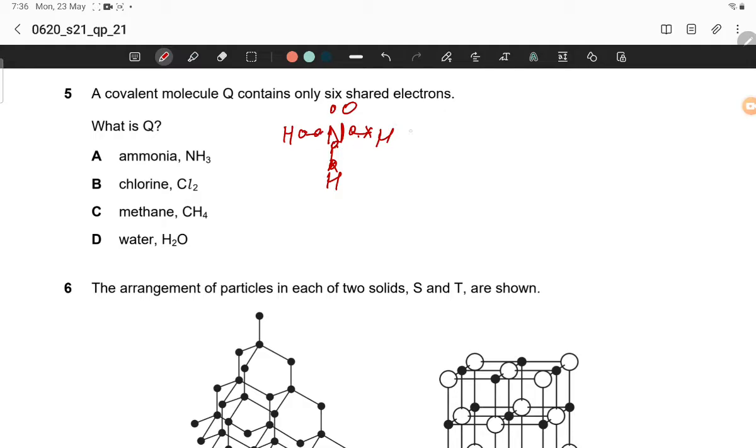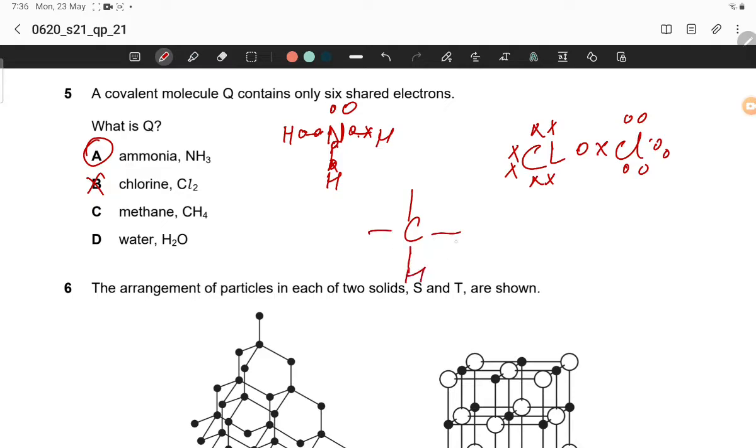So this is 6 shared electrons, so this might be correct. Chlorine has 2 shared electrons, so this is incorrect. CH4 has 8 shared electrons, so this is also incorrect.